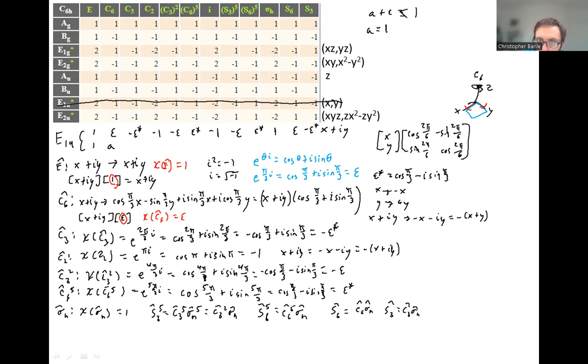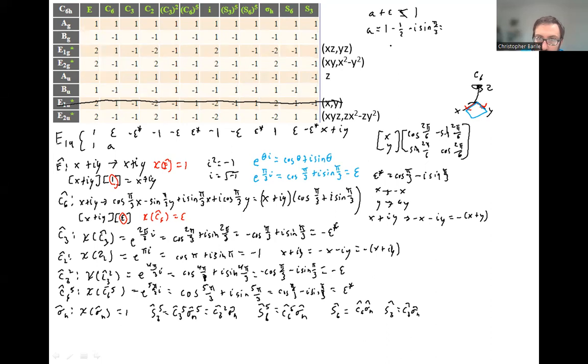So now we just have to do 1 minus epsilon. Well, what's epsilon? Epsilon is cosine pi over 3. Cosine pi over 3 is 1/2. So 1 minus 1/2 minus the i sine pi over 3. Okay, well, that gets us positive 1/2.